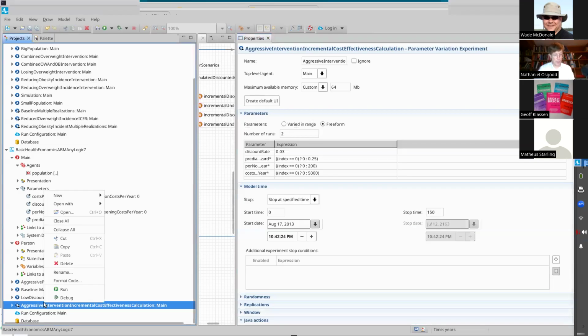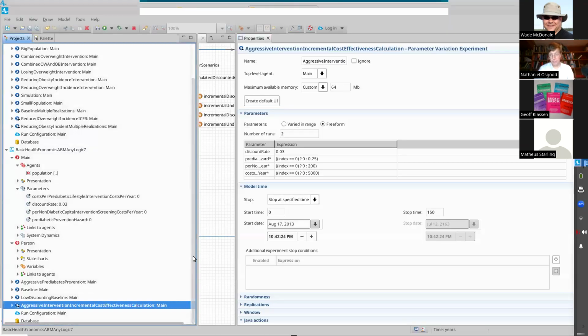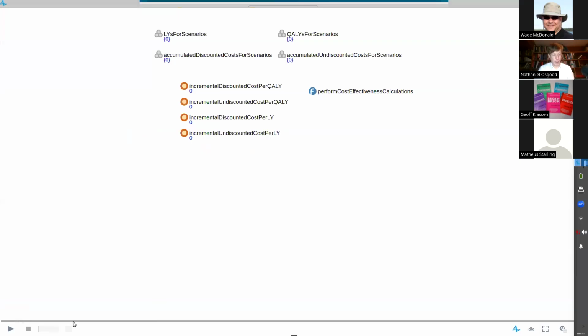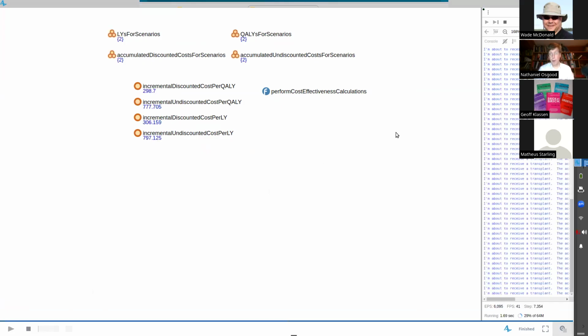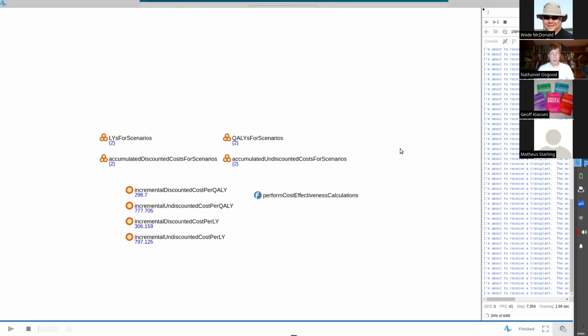So if we were to run this here and get this going, okay, we got a bunch of people reporting transplants from those various ones because I didn't so-called comment that out.